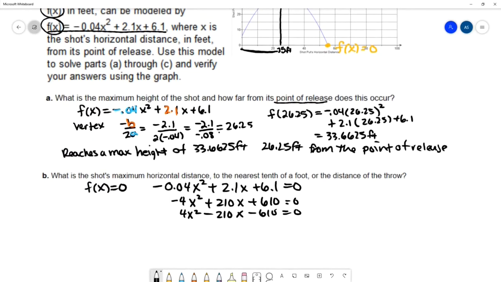Using the quadratic formula, a is 4, b is negative 210, and c is negative 610.